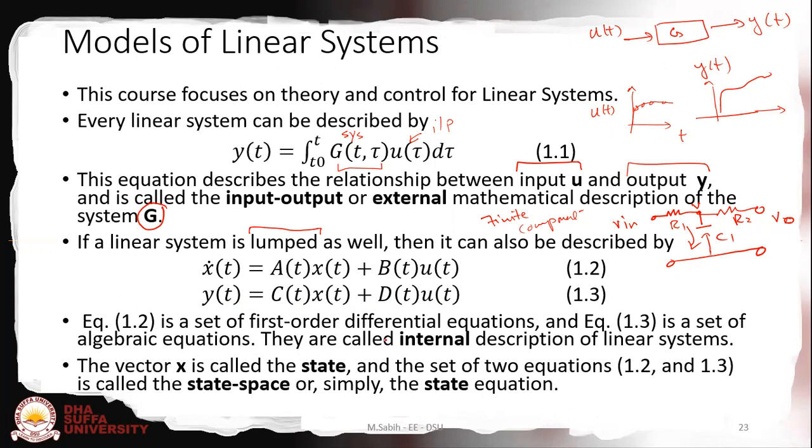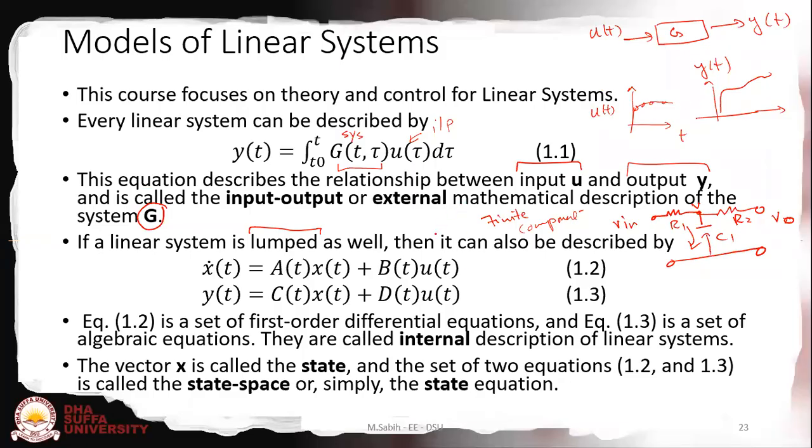This is called the internal description model, also called the state space model. And what's happening here is we have the input here, and we have the output here.